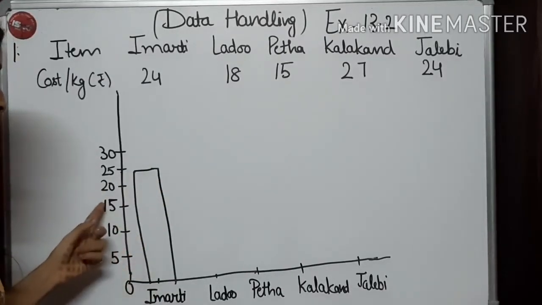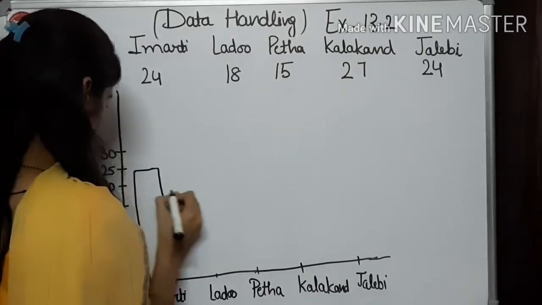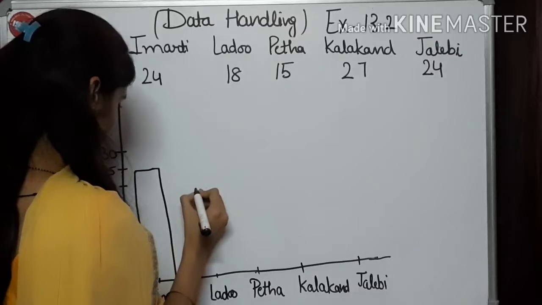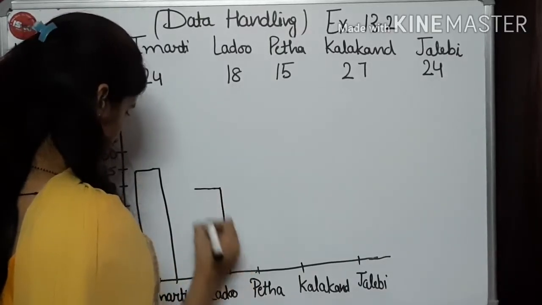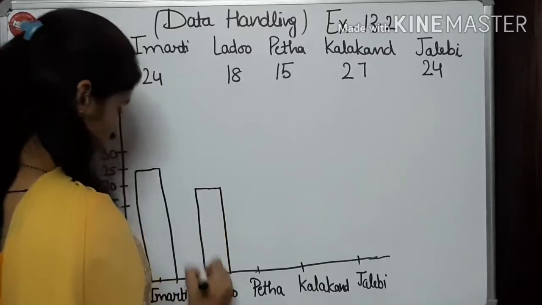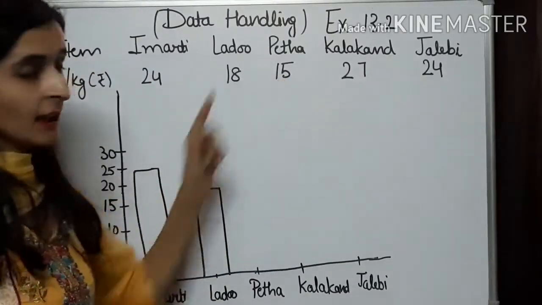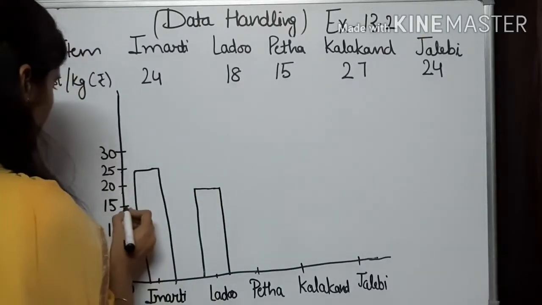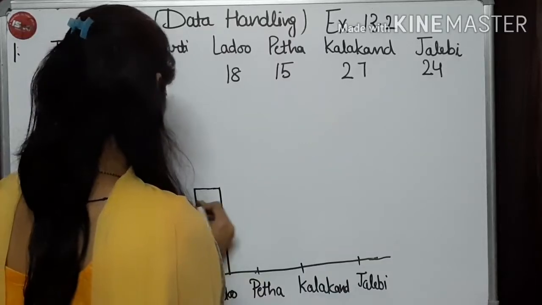So 18 rupees will be nearby 20, so it will be nearby here. After that, the cost of petha is 15 rupees. So 15 is here. So I am going to draw a bar here.